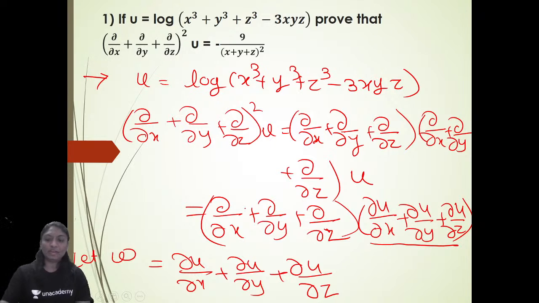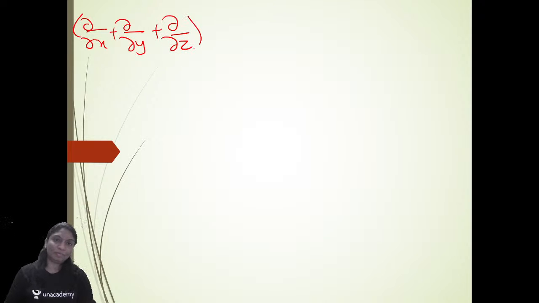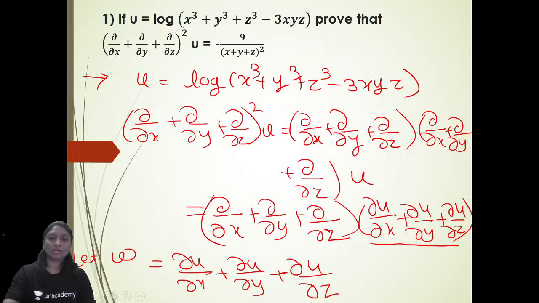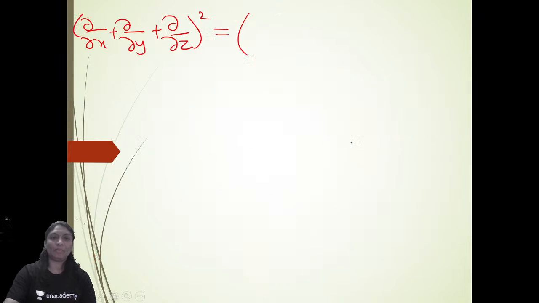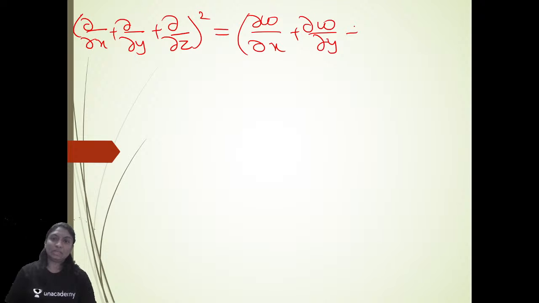So ultimately you will get here (∂/∂x + ∂/∂y + ∂/∂z) of w. If you put this as your w, then you will get ∂w/∂x + ∂w/∂y + ∂w/∂z.